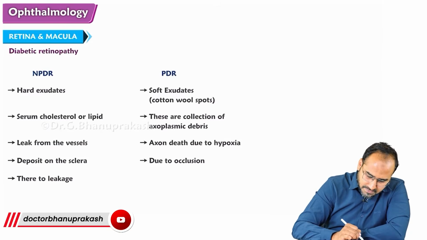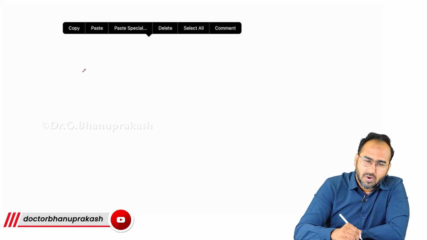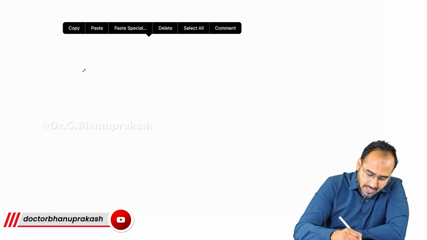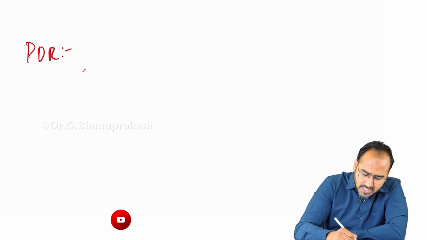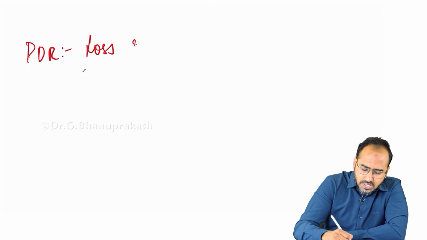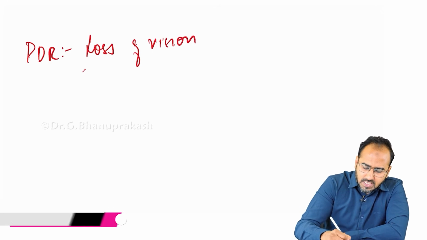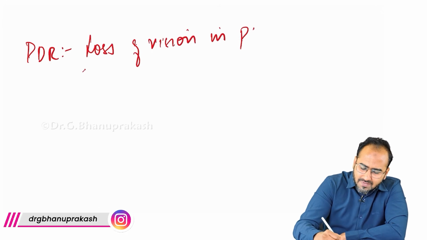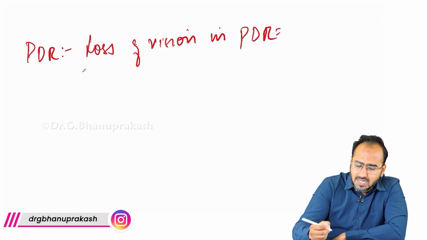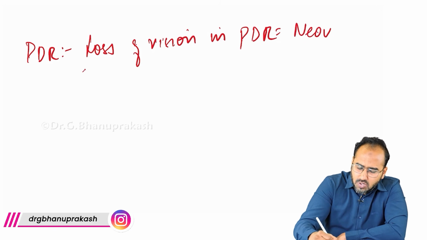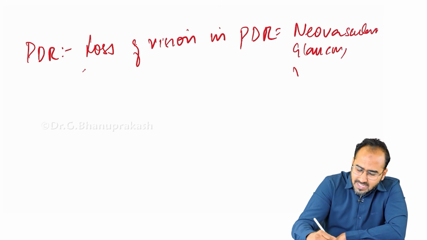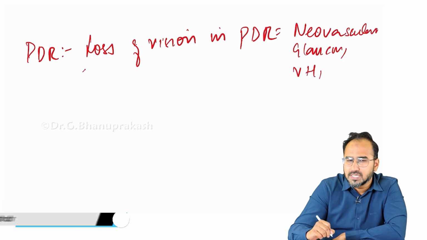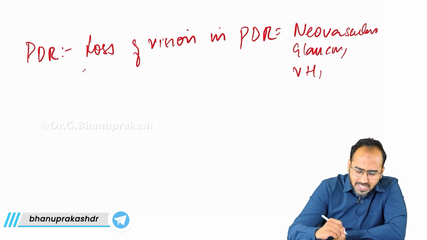Remember, loss of vision in proliferative diabetic retinopathy is due to neovascular glaucoma, vitreous hemorrhage, or tractional retinal detachment.